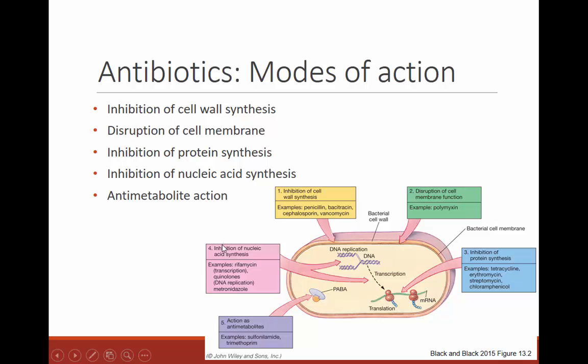You've got nucleic acid synthesis being inhibited by quinolones and metronidazole, and anti-metabolites such as trimethoprim. And sometimes these anti-metabolites, as an antibiotic, if you have it just by itself, it might be slightly effective, but if you have two together, it actually becomes more effective. So you get that synergistic effect as well.